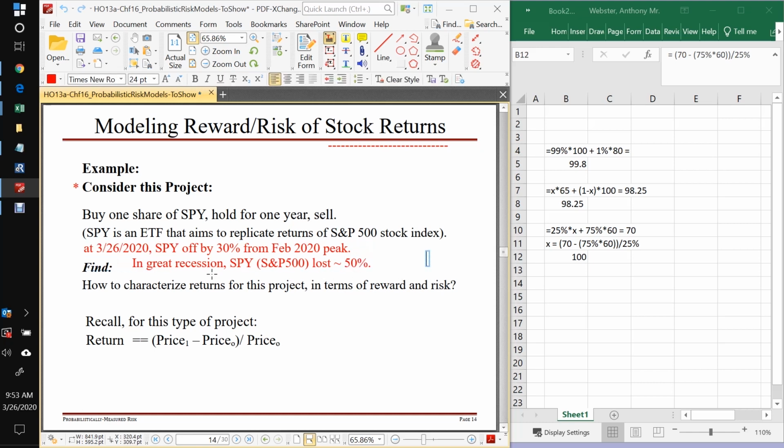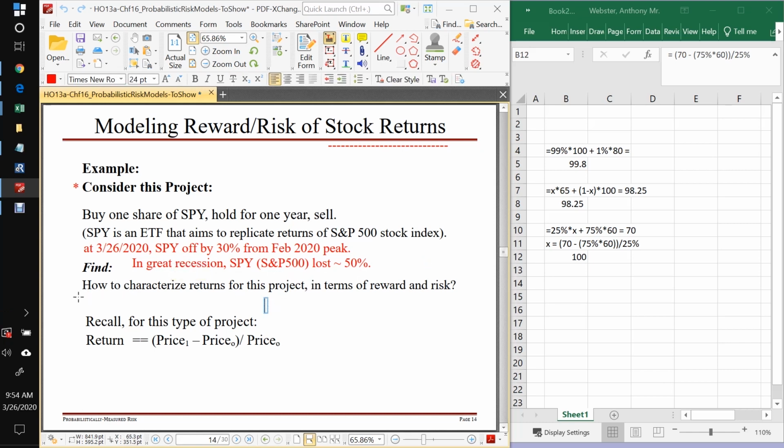So it's quite possible this coronavirus problem that we're having in 2020 is worse than the Great Recession. And if that's true, the S&P 500 and the SPY will continue to decline at some point.